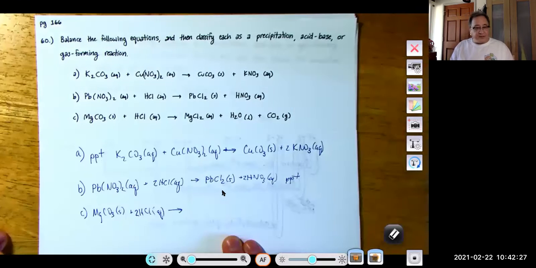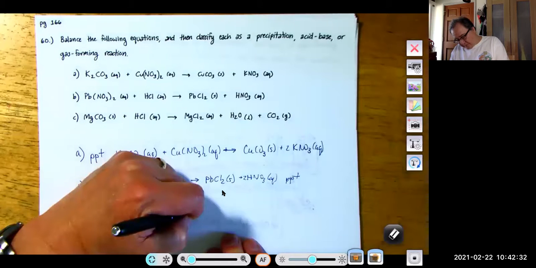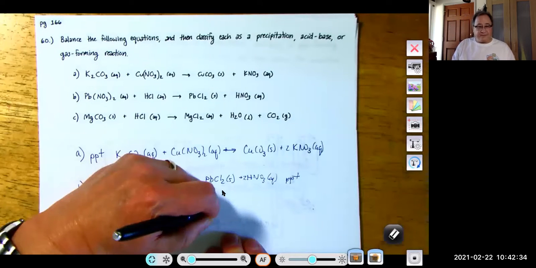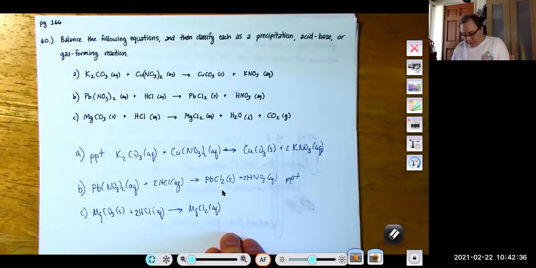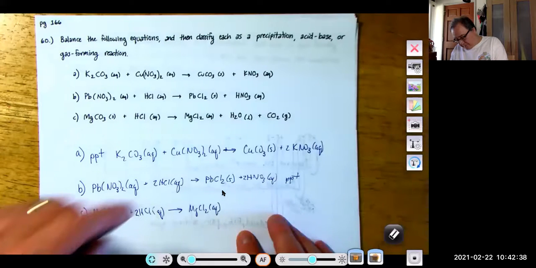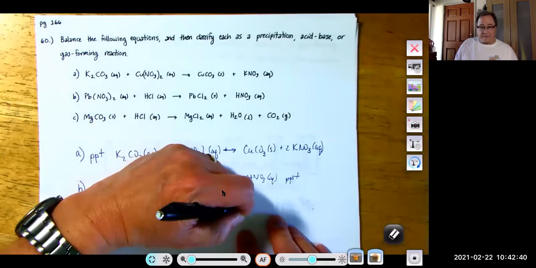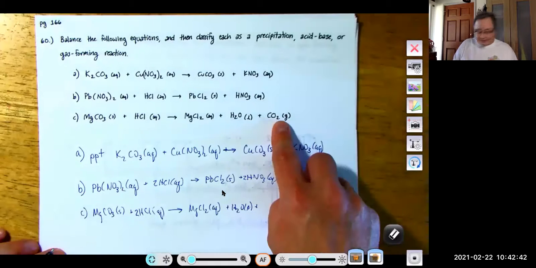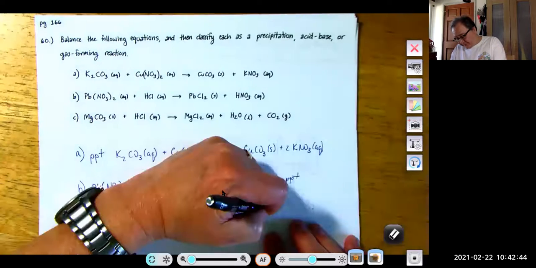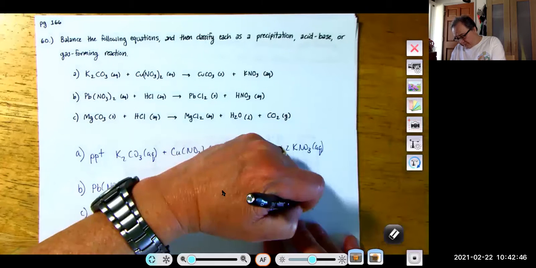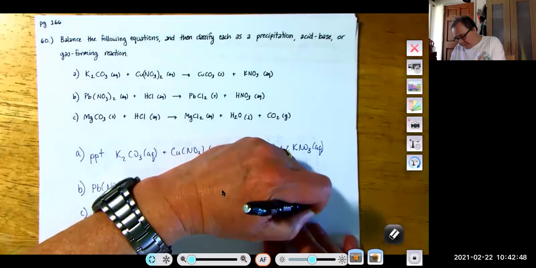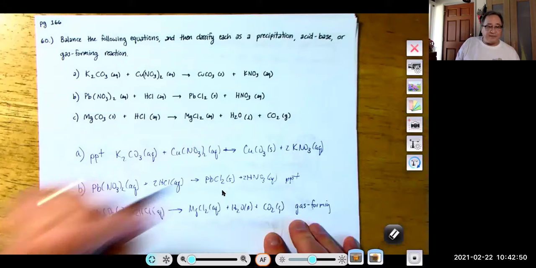And then I'm going to have MgCl2, then H2O, and then CO2 gas. And that's going to be a gas forming.